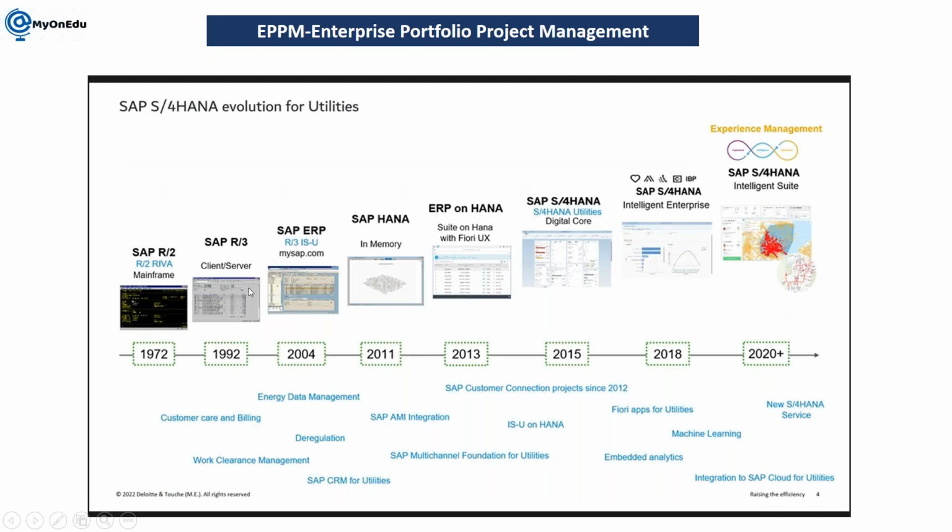Then it was the R/3 system, and from 2015 onwards we have the S4HANA system, and currently we have S4HANA 2020 modules. I'll go into more detail in an upcoming session, but this is just to understand how the journey started, and that till now in 2020 we have the latest version of the S4HANA system.